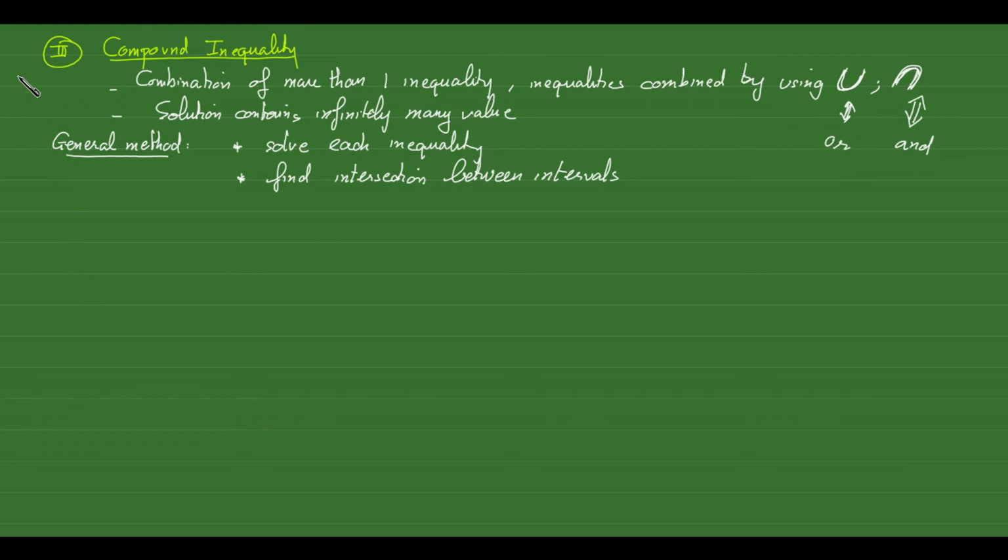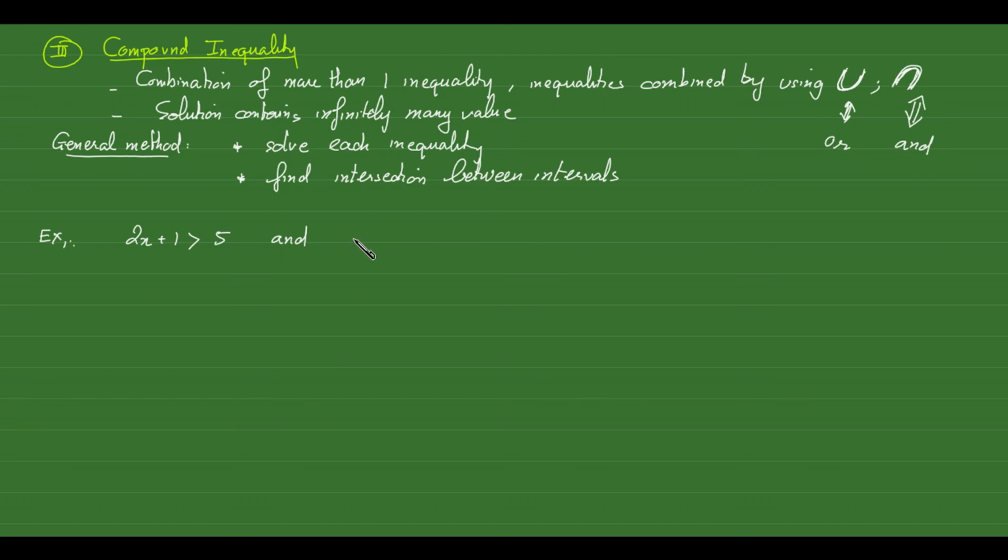For example, now let's jump to the first example. Sorry, I still have allergy. I have the first linear inequality, something like this: 2x plus 1 greater than 5, and I combine it with another inequality using "and".